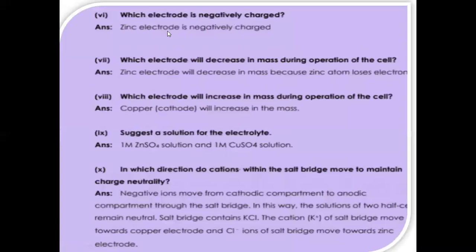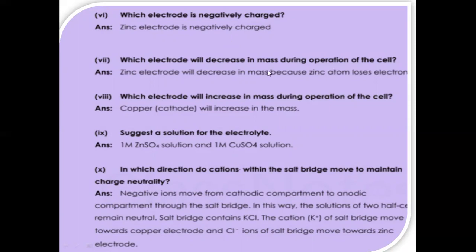Which electrode is negatively charged? In the case of the electrolytic cell, the negatively charged electrode is the cathode, but in the Daniell cell or voltaic cell, the anode will be negatively charged, and in this case, the anode is the zinc electrode.